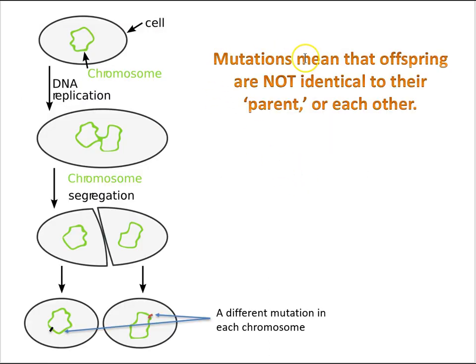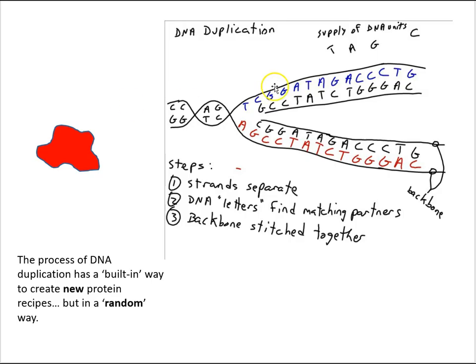So the existence of mutations means that offspring are not identical to their parent or each other. So here we see the parent cell, and we have offspring with different mutations. In this case, there would have been an error in the growing strand up on the top one, and a different error in the bottom strand here.